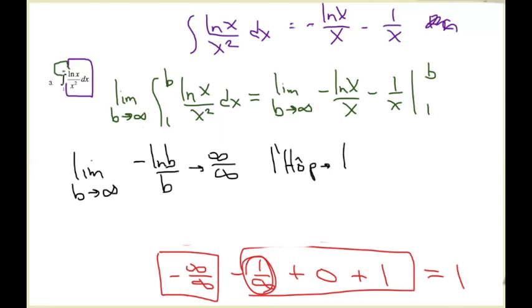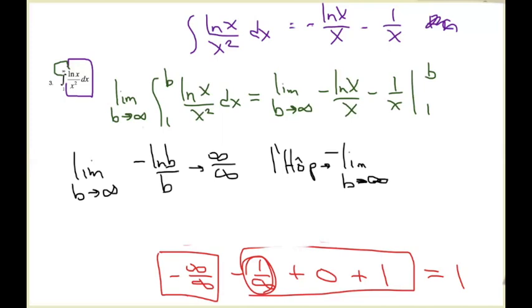By the way, that negative sign, you don't have to worry about, because it's technically infinity over infinity or 0 over 0. And this negative sign is a constant negative 1, which you could move out of the way. Just rewrite it as negative the limit as b approaches infinity of ln of b over b.